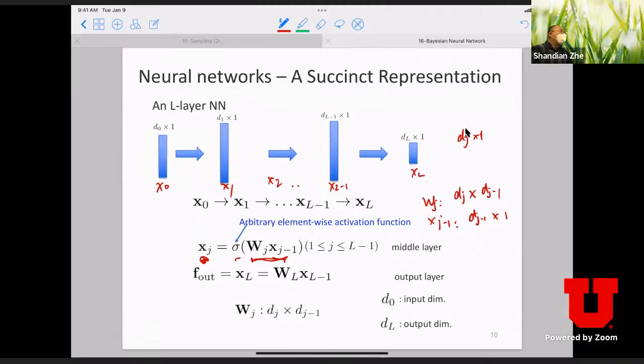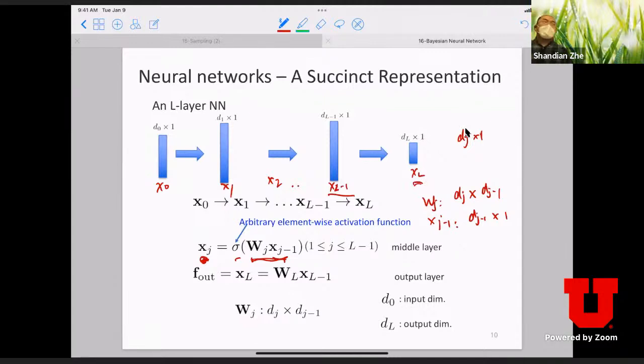And then we get the xj, the output of the neurons in layer j, and we can continue to do this until we reach the layer xL minus 1. Once we compute the xL minus 1, the second last layer, we feed them to the output layer to compute xL.